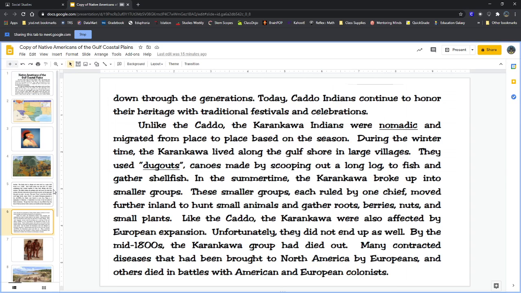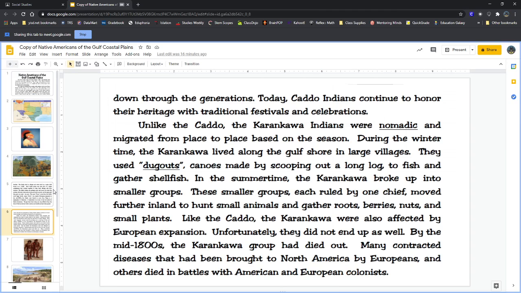They would scoop out the middle of the log so they'd have a space so that they could sit. They would take these logs and go out into the Gulf, and they could catch fish, or they said that they could even gather shellfish, things like shrimp or maybe crabs or things like that.